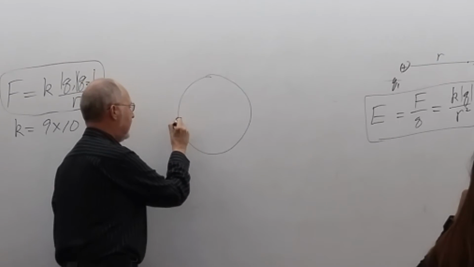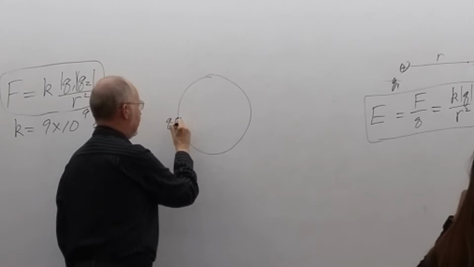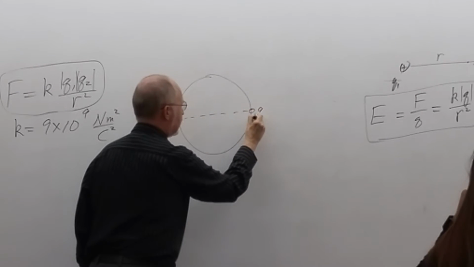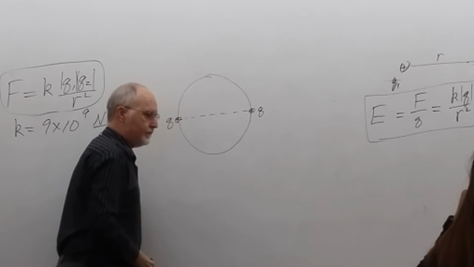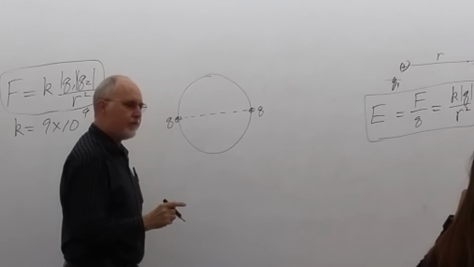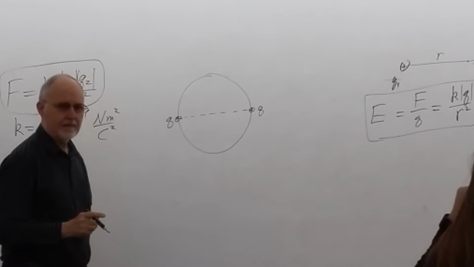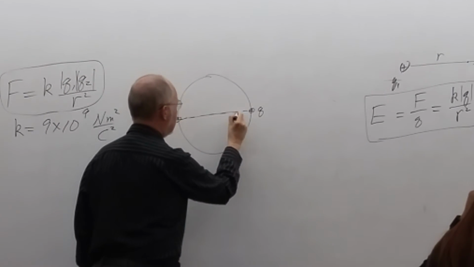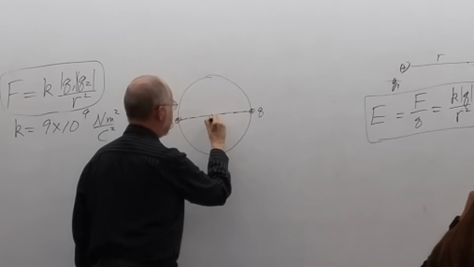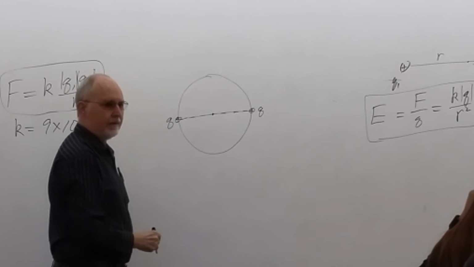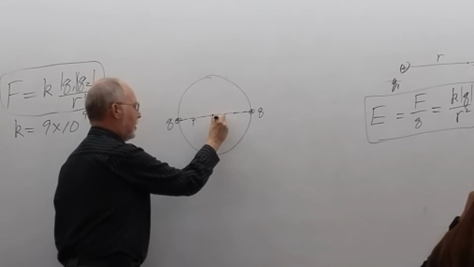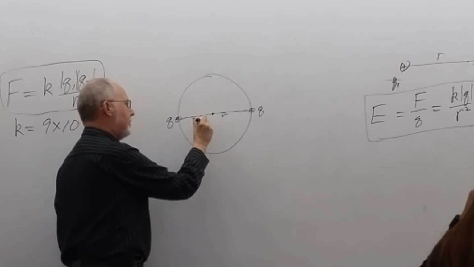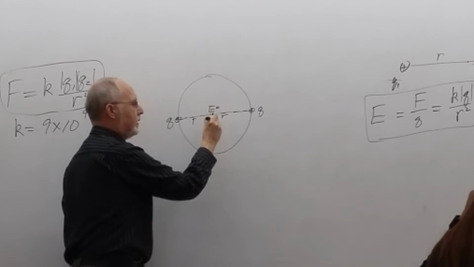So if we put one here, positive Q, the other one would be directly across from it, positive Q. If they're both the same charge, directly across from each other, then halfway in between, you're right at the center of the circle at that point, right? So distance r, the radius of the circle, away from that point. What's going to be the electric field at that point?